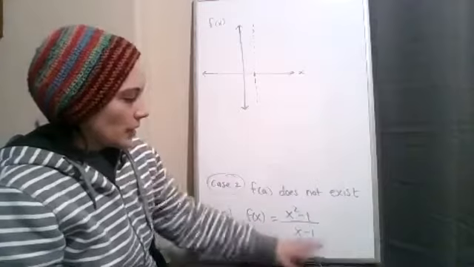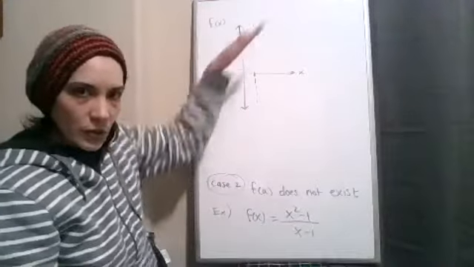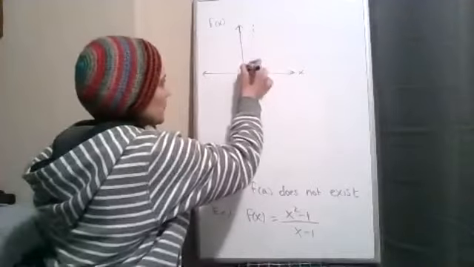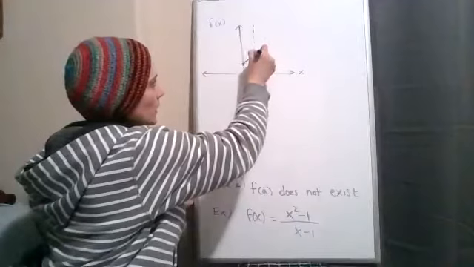And then this will look like x plus 1. So it's the line that goes through the point 0, 1. We're going to have a hole right here.